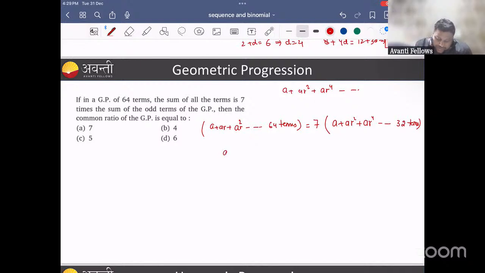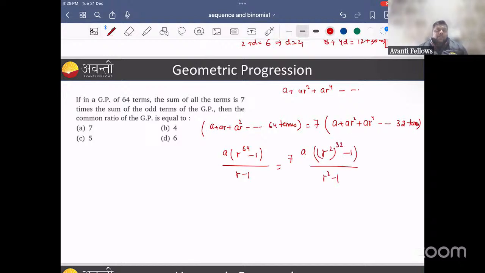So this is a (r to the power 64 minus 1) upon (r minus 1) equals 7 times a ((r square) to the power 32 minus 1) upon (r square minus 1). Am I clear? Now r to the power 64 minus 1 cancels, a cancels. So it is (r minus 1)(r plus 1) equals 7 times (r minus 1). r minus 1 cancels.